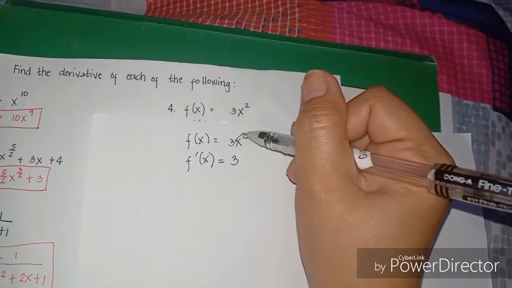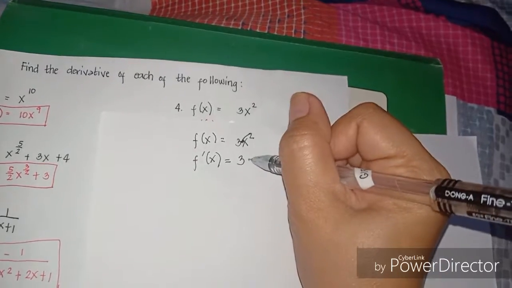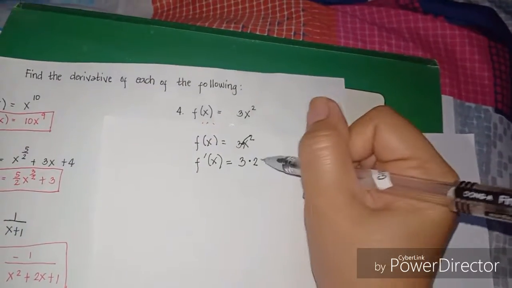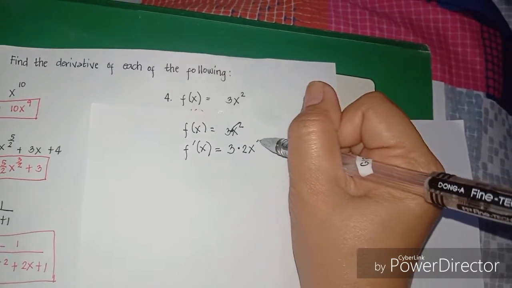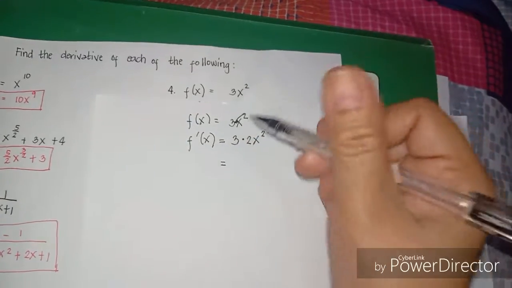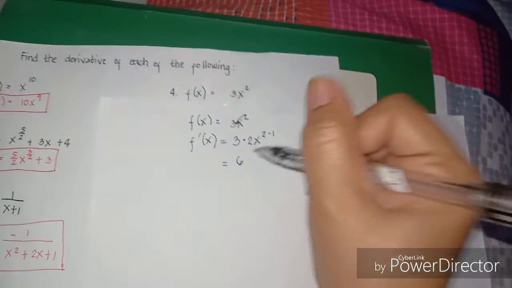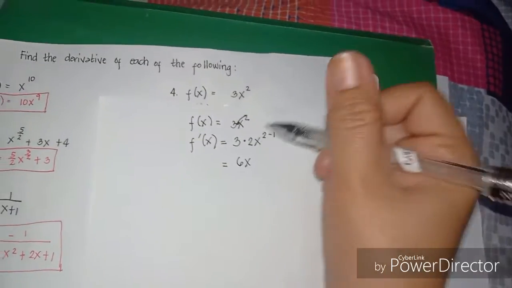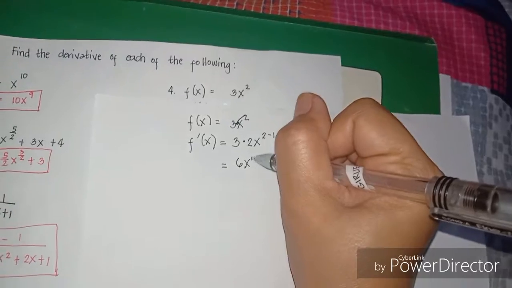You simply drop the exponent here, 2, so you have 3 times 2x, then reduce the exponent by 1, so you have 2 minus 1. That would be equal to 3 times 2, that would be 6x to the exponent of 2 minus 1, that would be 1.